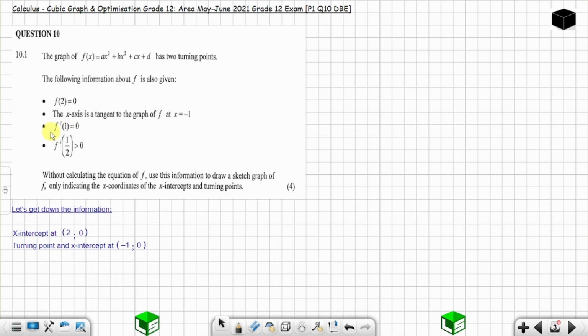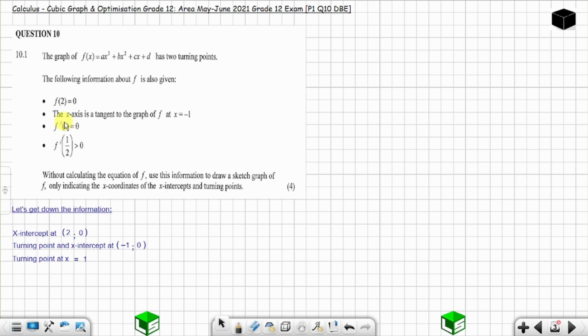So from this information, you know that you have the turning point at x = 1.